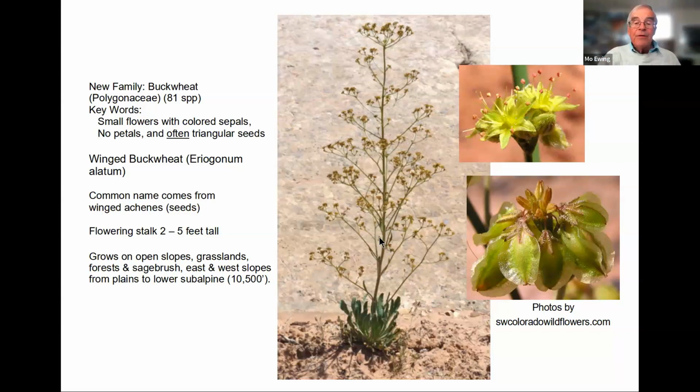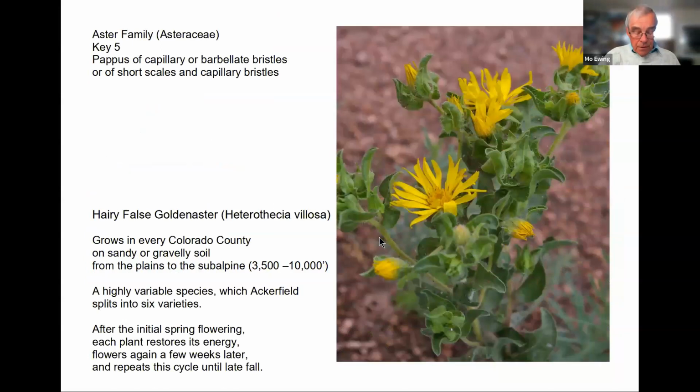Okay, another plant that you'll find down here is in the aster family, in key 5. Pappus of capillary or barbellate bristles, or short scales and capillary bristles. I'm sorry, key 3?